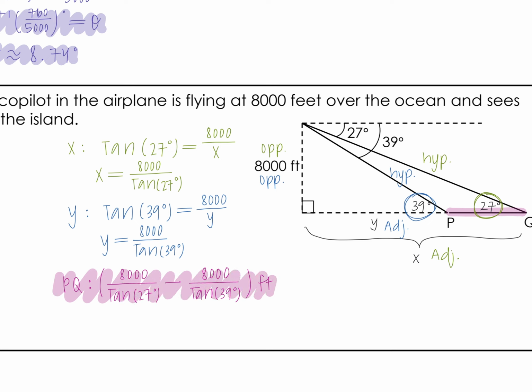Now let's plug that in to find the actual length of PQ. Like I said, we're going to round, but to make sure that we have as close to the actual answer as possible, we need to plug in this entire thing at once. So we're going to take 8,000 divided by tangent of 27, minus 8,000 divided by tangent of 39.